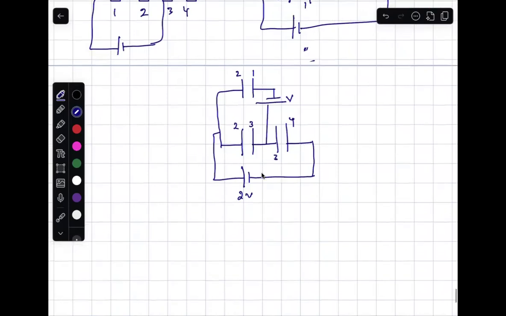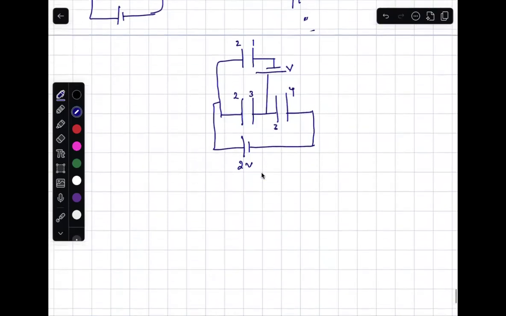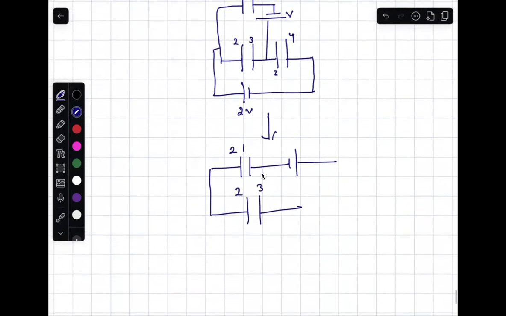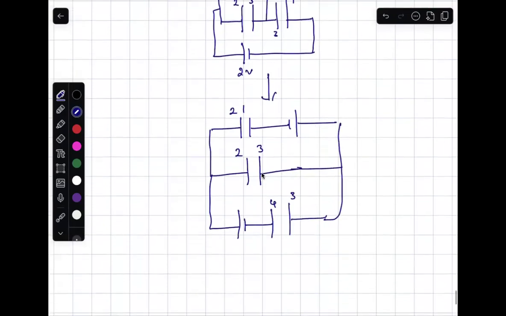I am further stretching out this circuit, to one battery, two, three, four, three. This is how you have the circuit.